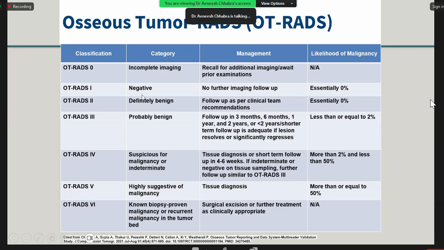So 1 was negative, you don't see anything. At that time, no further imaging follow-up. So we put percentages here. Essentially, 2 means definitely benign. And at that time, this came out of our dictation system. We had some safety events where radiologists didn't recommend anything and then the patient got lost.